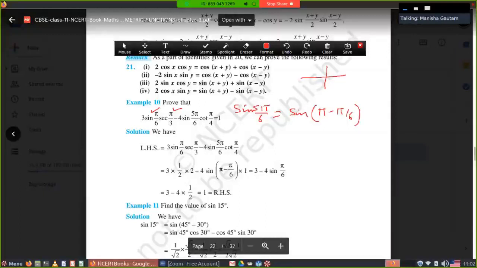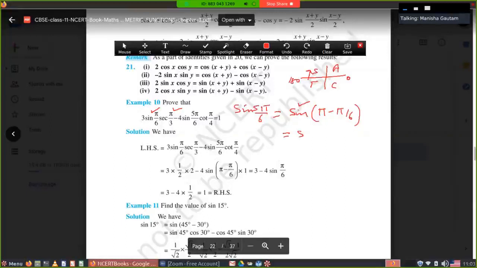On the horizontal line, this is 0, this is 180. Horizontal line means 0 and 180, so there is no change in the trigonometric function. And what about the change in sign? After school, to college, this concept will give you the sign. Here it is 180 minus theta, so you are in the second quadrant. 180 minus theta means second quadrant: no change in the trigonometric function and the sign will always be positive.